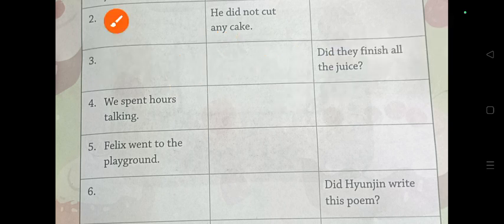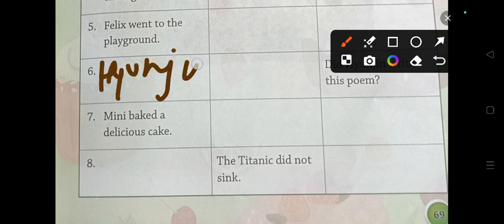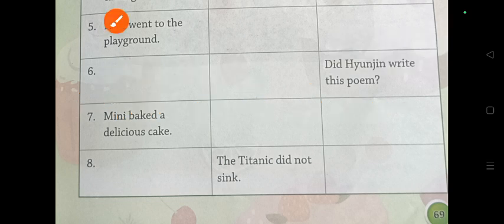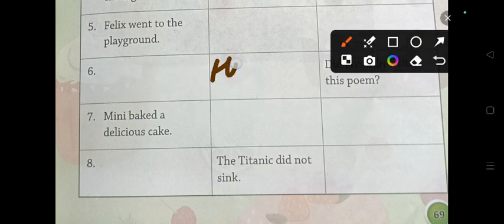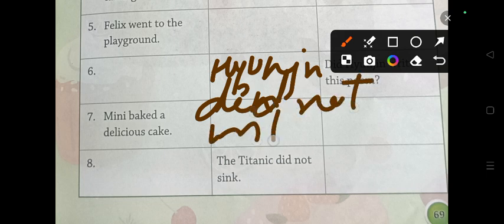Okay, next one is did Hyunjin write this poem? So here you can write Hyunjin wrote this poem. When you are making negative, you can write Hyunjin did not write this poem.